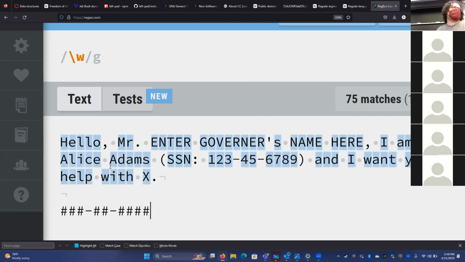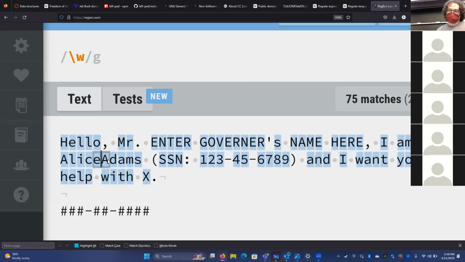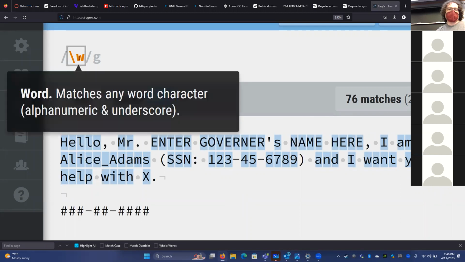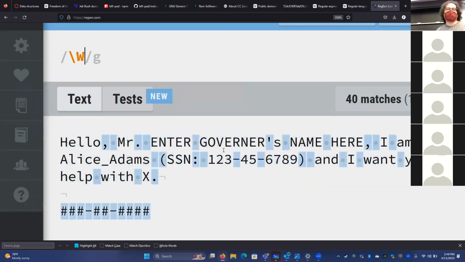What I mean by that is anything that could be used in a variable name, specifically letters, numbers, and underscores. So it matches any word character. Another one that's super useful is that we can invert it very simply by making it a capital. Capital W matches anything that's not one of those. Very useful.